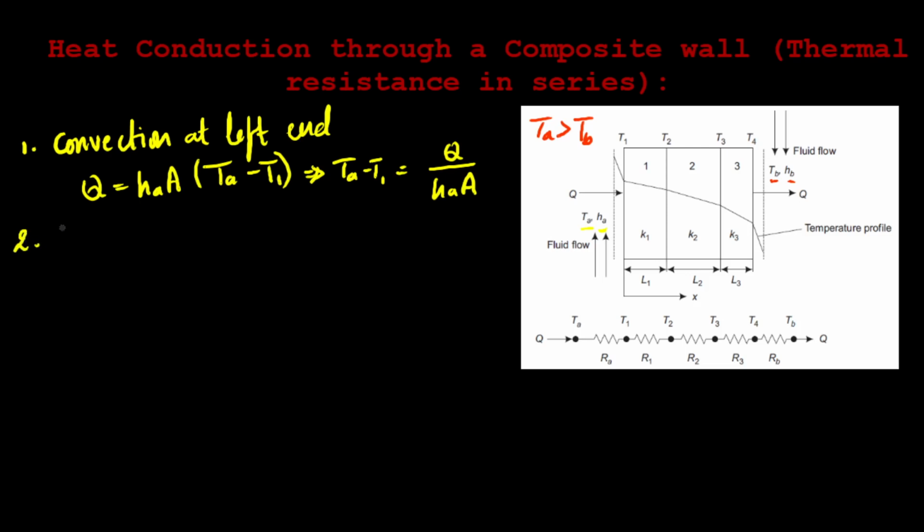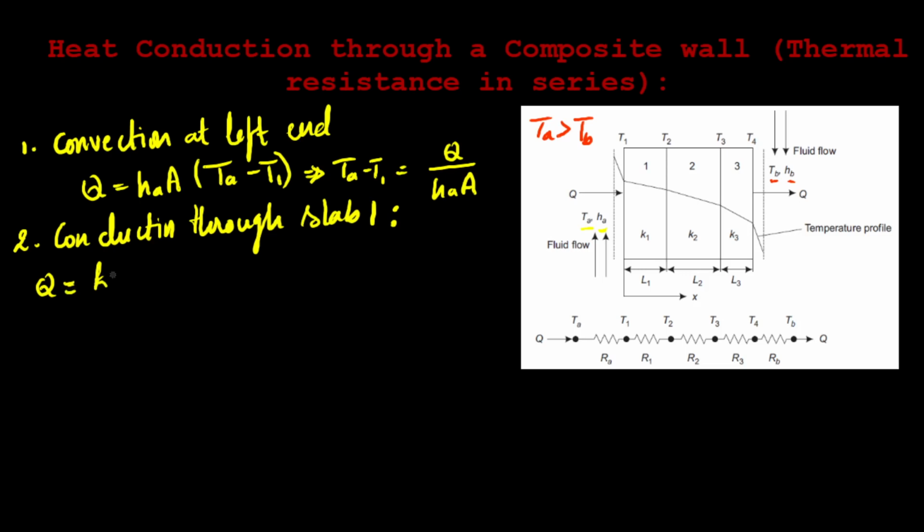Now I'll consider conduction through slab 1. Here the heat transfer Q will be equal to K1 into A divided by L1, area remains the same for all the materials, into T1 minus T2.